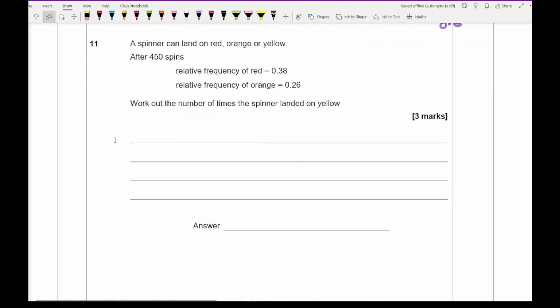Then for question 11, it says that a spinner can land on red, orange or yellow. After 450 spins, the relative frequency of red is 0.38, relative frequency of orange is 0.26. Work out the number of times the spinner can land on yellow. Well, if all the events of these three colours are exhaustive, then the probability of a yellow, or the relative frequency of a yellow, is going to be equal to 1 minus these two probabilities, which is 1 minus 0.38 minus 0.26, and that gives me an answer of 0.36.